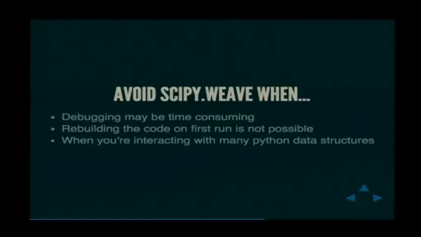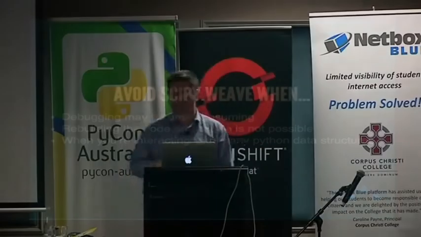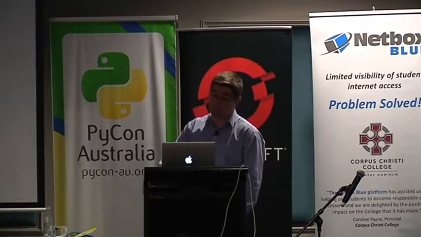The other challenge is that you don't want to redistribute SciPy Weave code, one, because you need a C++ compiler, and two, because every time you run the code, you need to rebuild a new version of that extension module. I would also say perhaps avoid it if you're dealing with a lot of Python data structures. If you're using a lot of NumPy, it's not too bad, but lists and tuples are a bit more challenging to wrap.